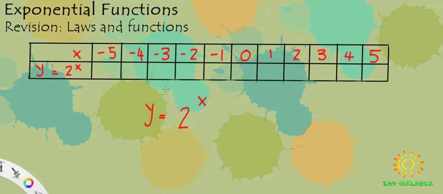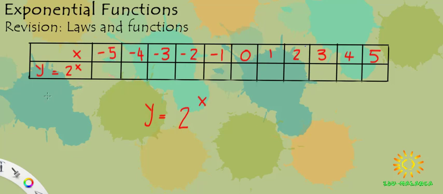So we've chosen values of the domain that start from the negative and go all the way to the positive. Now we're going to put these into the function, and we're going to find out what the values of y are. 2 to the power of x when x is -5.